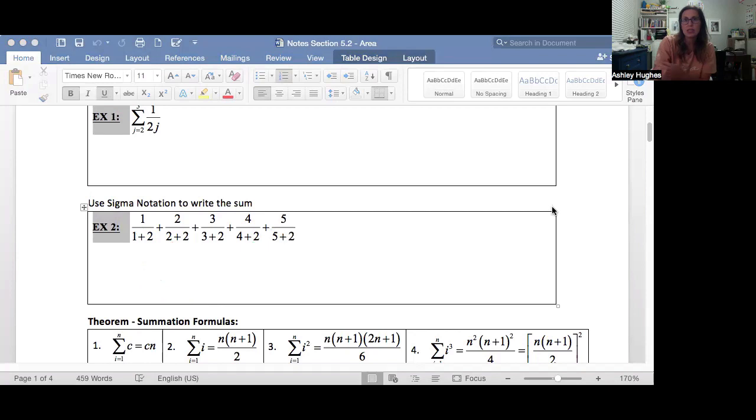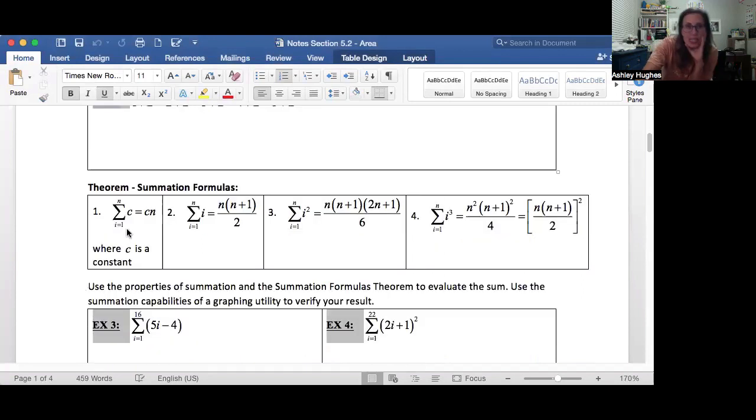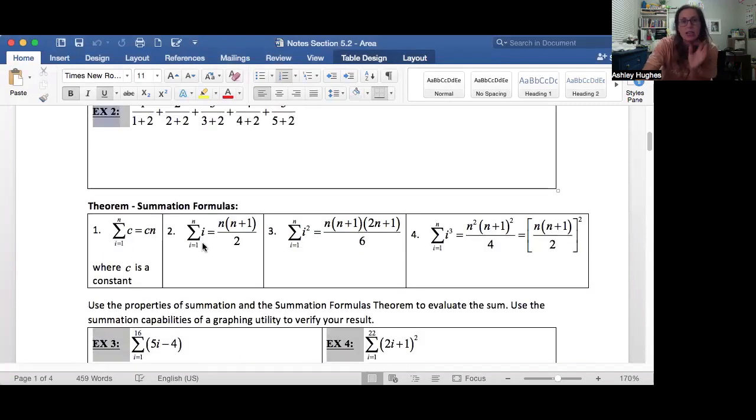And then these are summation formulas. They are ways to find formulas to solve for. If you're summing up c n times, it's just c times n. If you're summing up i n times, it's this formula here, which has a proof for it, but I'm not going to worry about doing the proofs with y'all today. This is like if you're summing 1 plus 2 plus 3 plus 4 plus dot, dot, dot.